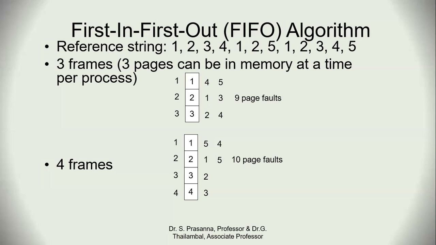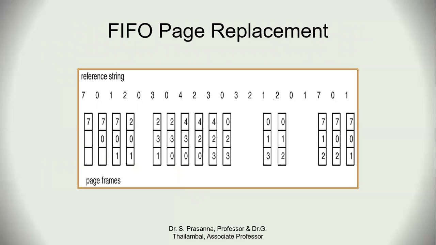So therefore, this corresponding reference string can be stored better in FIFO only if it has 3 frames instead of 4 frames. And this has been given as a diagrammatic representation here.